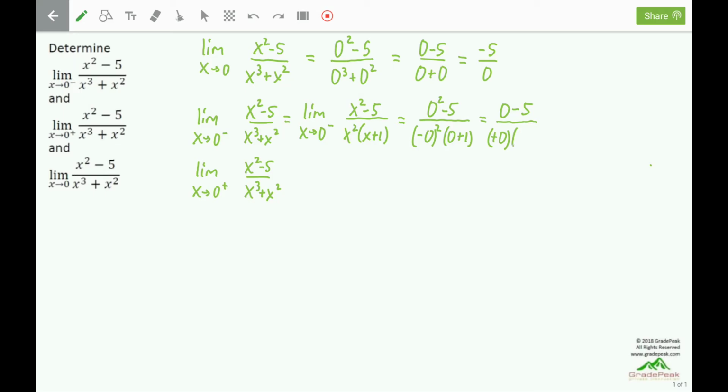We want to follow the sign that the 0 has on it, and then 0 plus 1 is a positive 1. 0 minus 5 is a negative 5. A positive times a positive is a positive, and 0 times 1 is a 0. A negative over a positive is a negative, and a non-zero over a 0 is an infinity in a limit. The result of the left-sided limit is negative infinity.